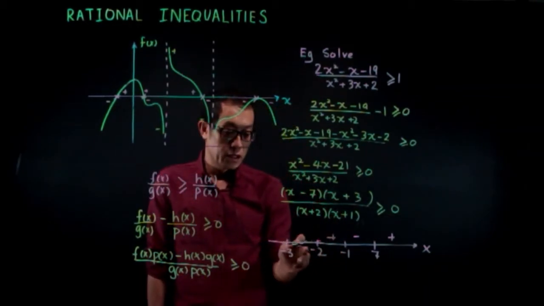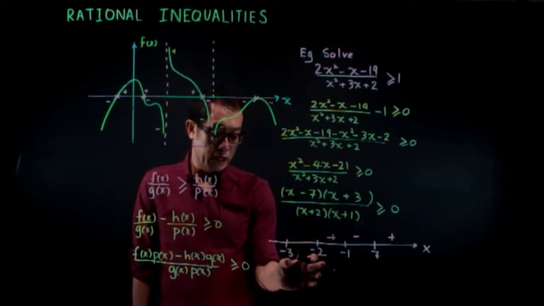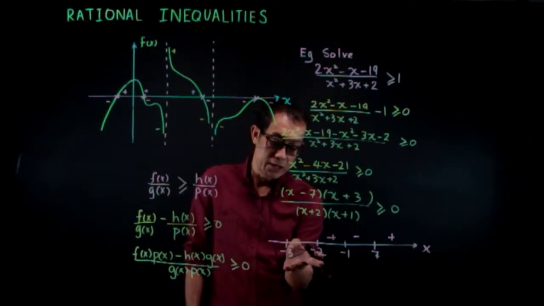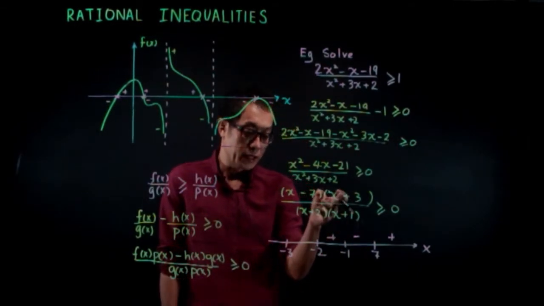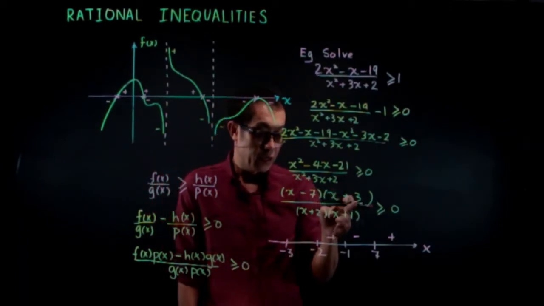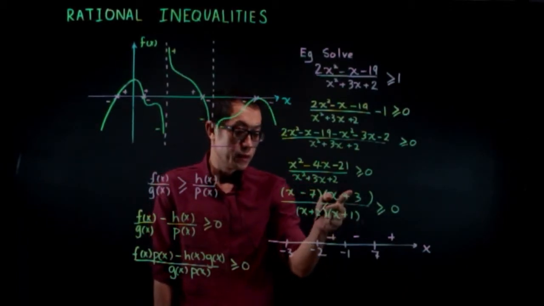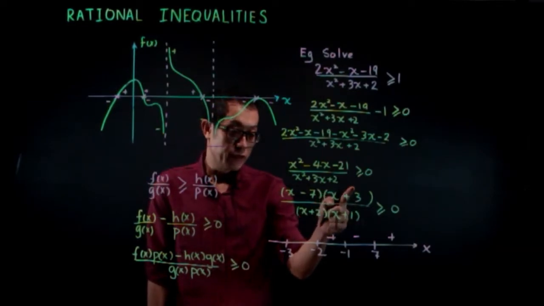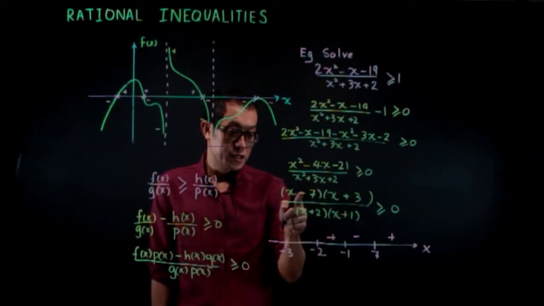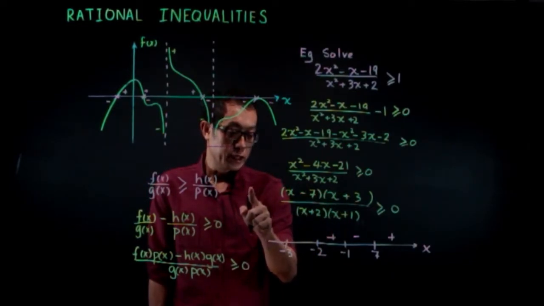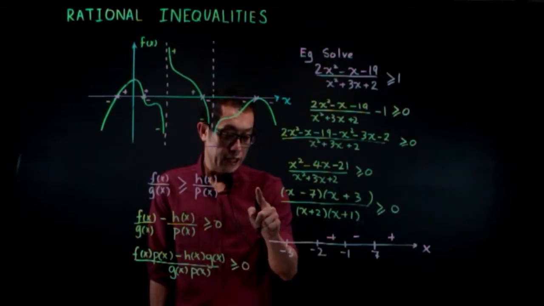Now you put any value that is in between minus 3 and minus 2. Let's say you put minus 2.5. Minus 2.5, this will be positive. This is negative. So the numerator is negative.